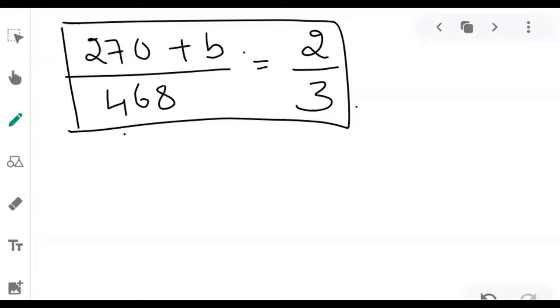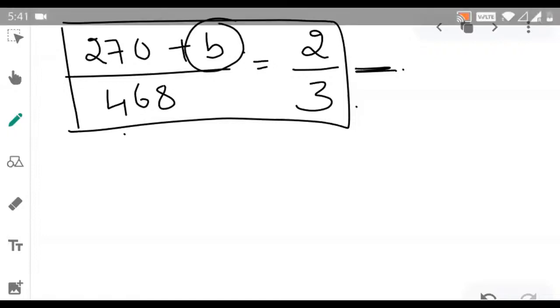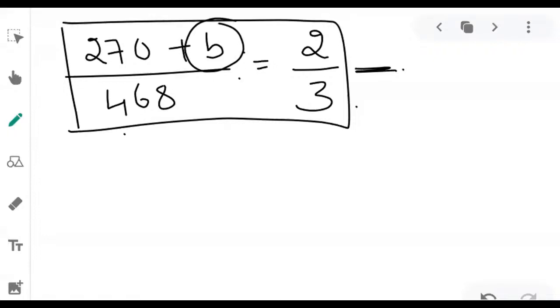Did everyone understand how we arrived at this equation? Yes, ma'am. All right. Now tell me what is the extra number of boys that we need. So we have it like this, you can cross multiply.